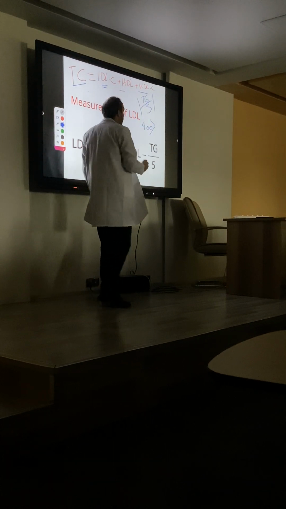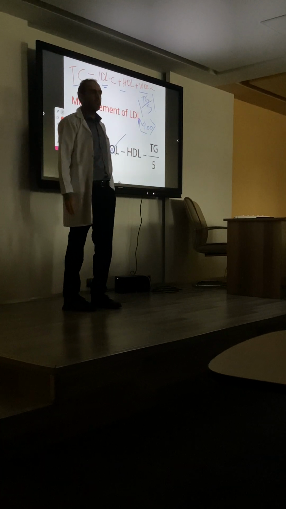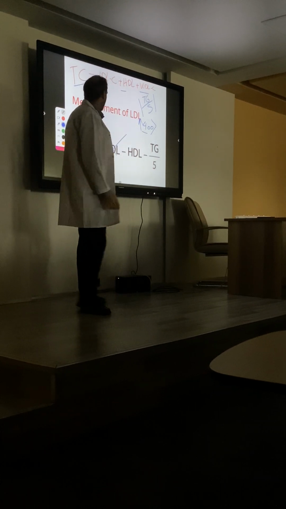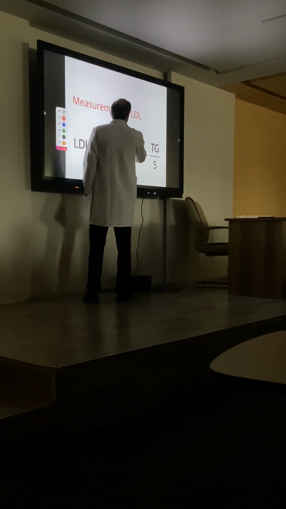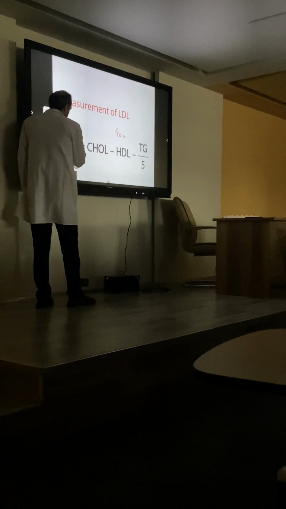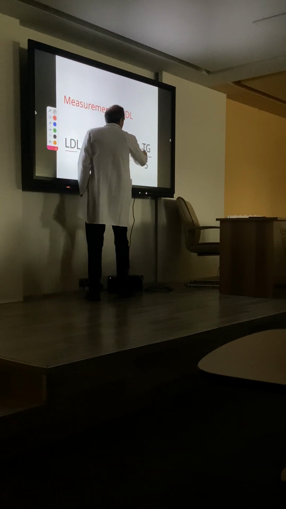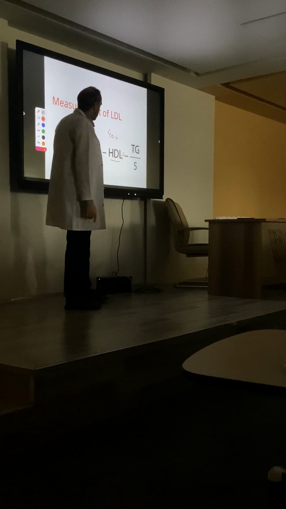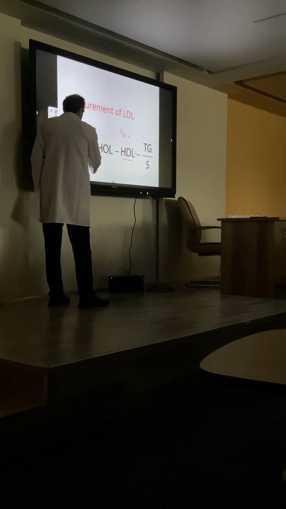If the triglyceride was more than 400, this formula is wrong, we can't calculate LDL, and we have to measure LDL directly. But if it was less than 400, we can use this formula. Based on it, LDL cholesterol is equal to total cholesterol minus HDL cholesterol minus triglyceride divided by 5, in milligram per deciliter.